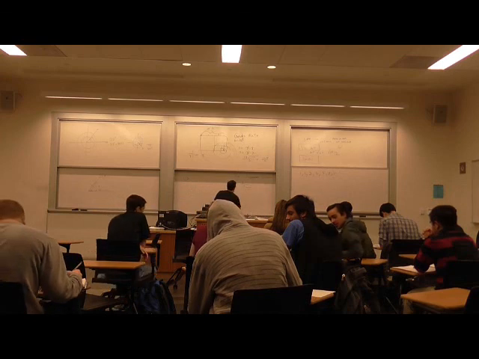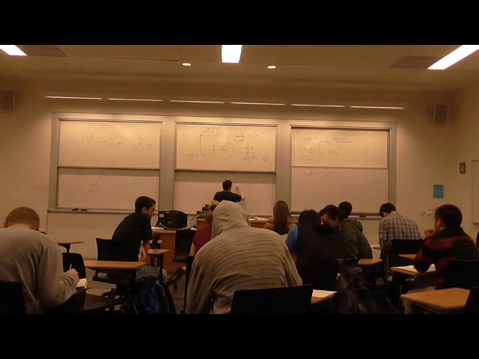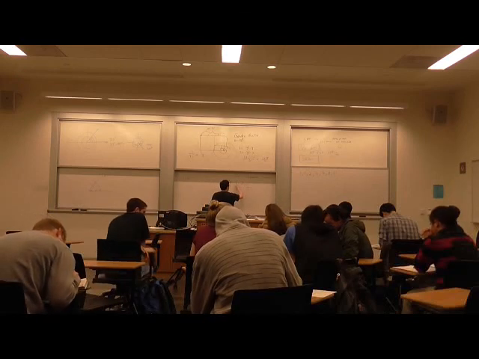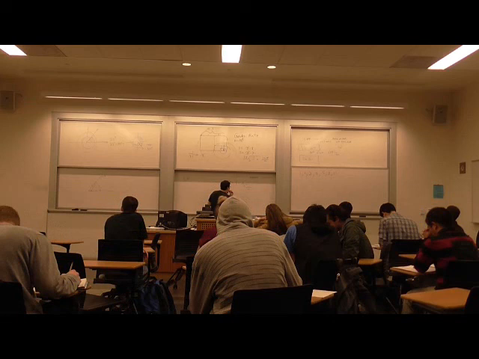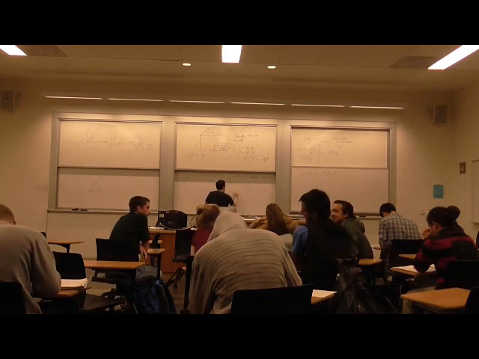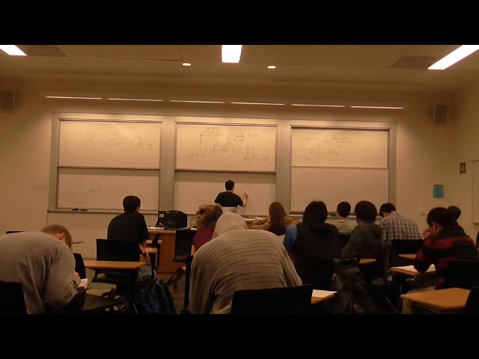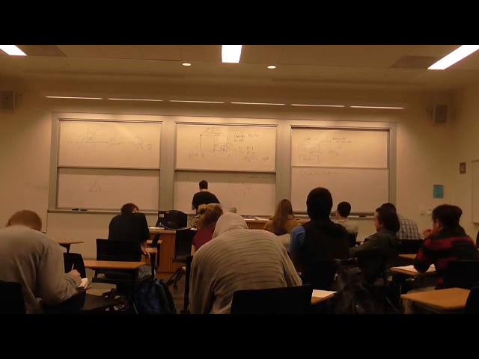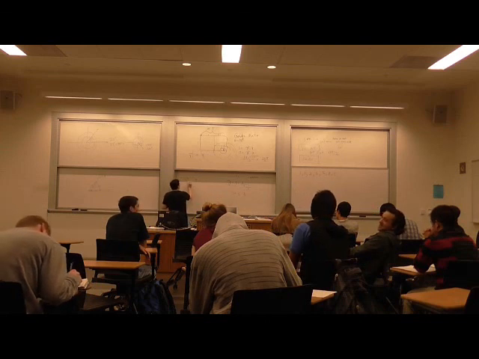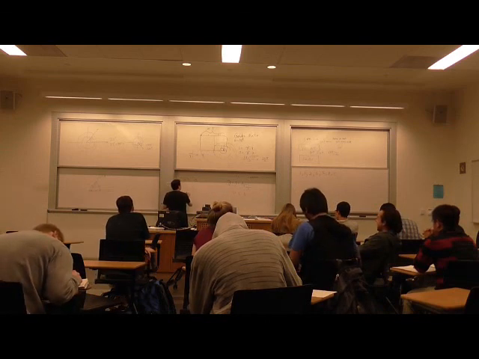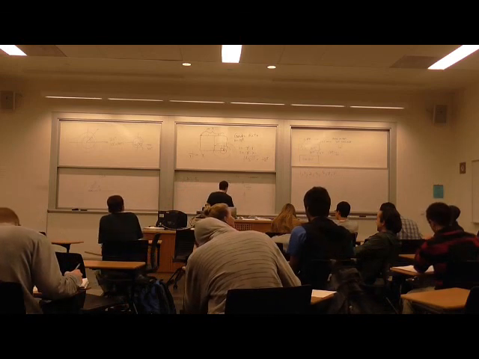Now the next one's a little harder. I have to take this. So what's this? This is 1 plus 1 over 2, which is 3 over 2. I guess I'm going to write these this way, right?